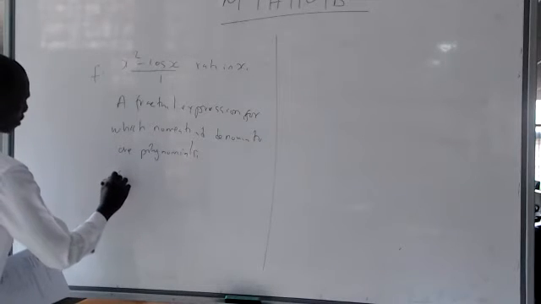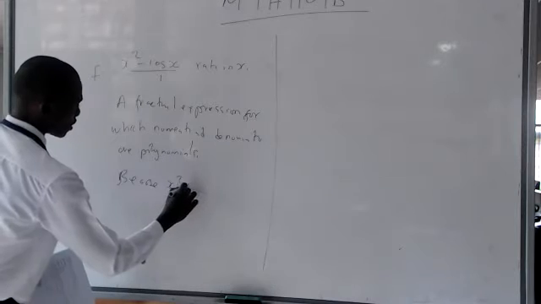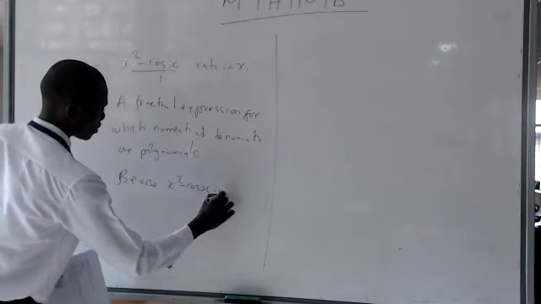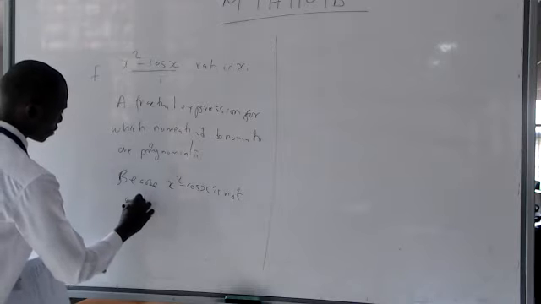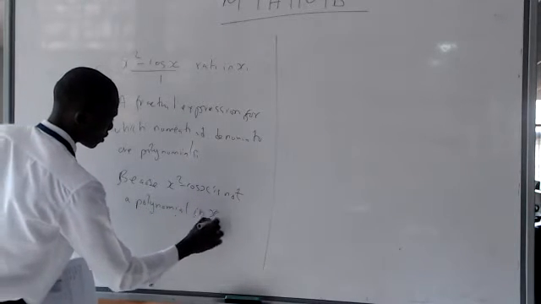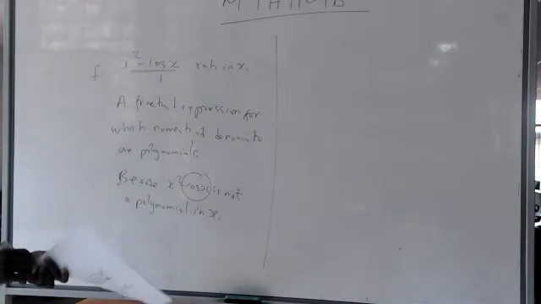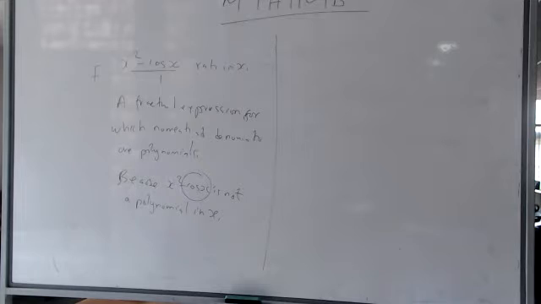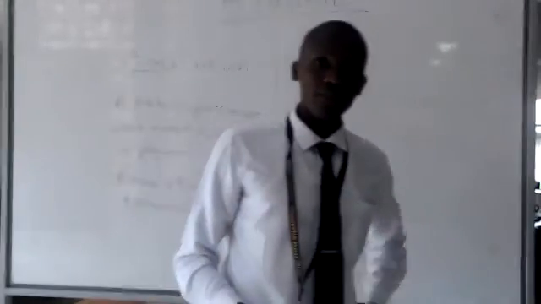It's false because x squared minus cosine x is not a polynomial in x. And the problem is this guy, cosine of x. That is what makes it not to be a polynomial in x. Okay. Are we agreeing?